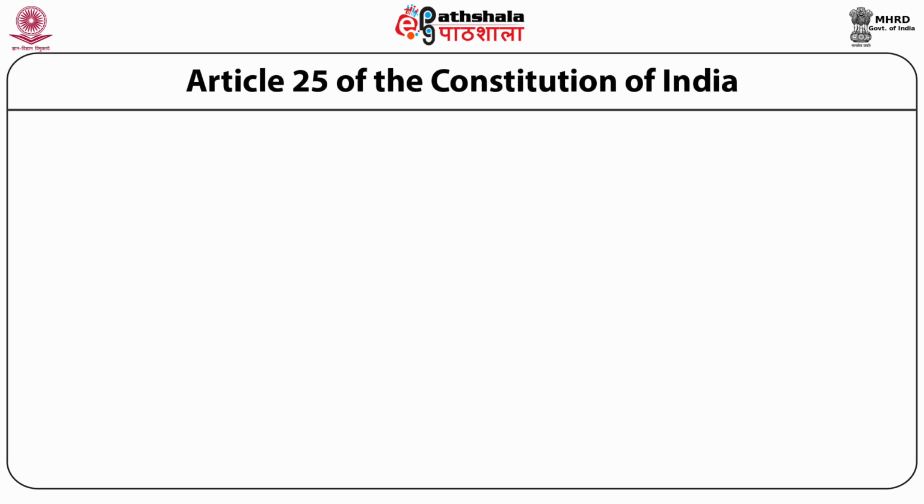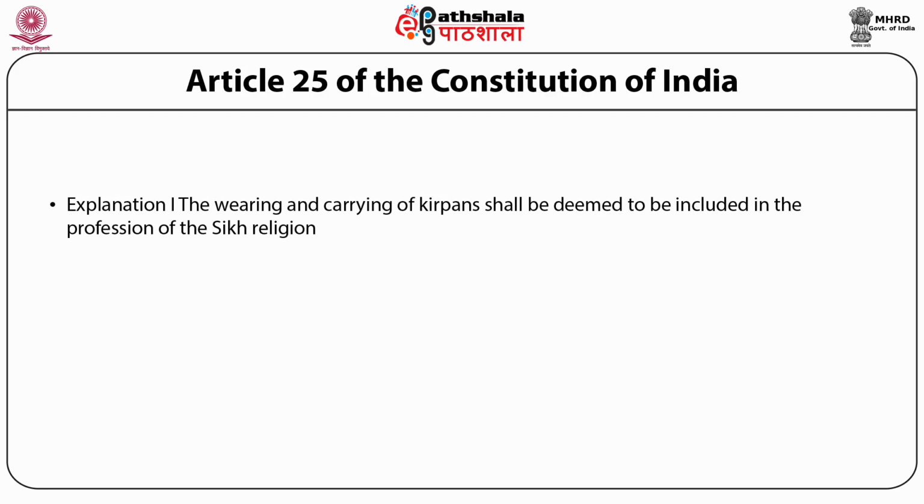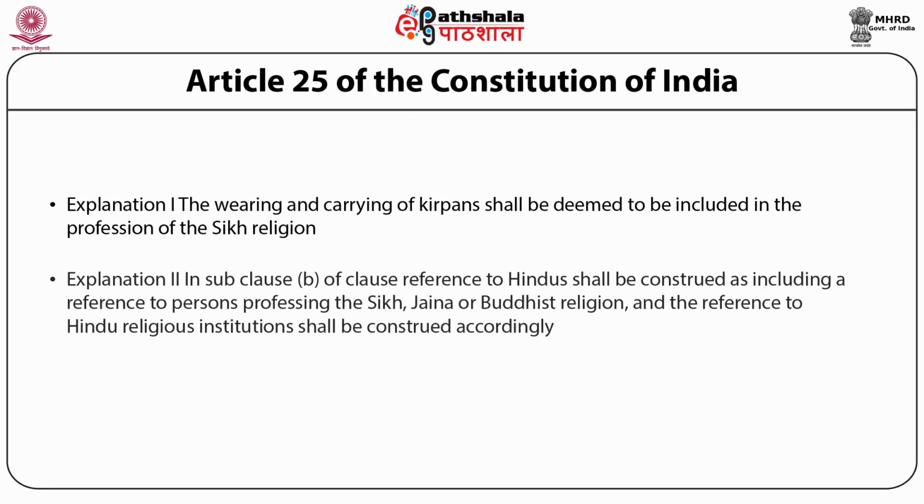Now, the article also has an explanation. Explanation 1: The wearing and carrying of kirpans shall be deemed to be included in the profession of the Sikh religion. Explanation 2: In sub-clause (b) of clause 2, the reference to Hindus shall be construed as including a reference to persons professing the Sikh, Jain, or Buddhist religion, and the reference to Hindu religious institutions shall be construed accordingly.